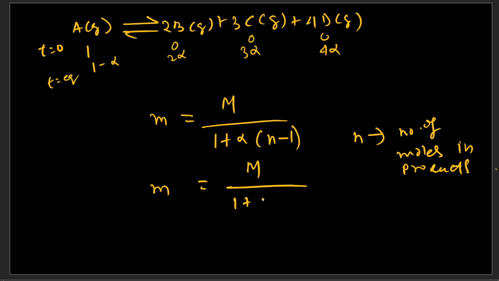So 1 plus alpha, how many? 2, 3, 5, 4, 9. So 9 minus 1, that will be m divided by 1 plus 8 alpha.